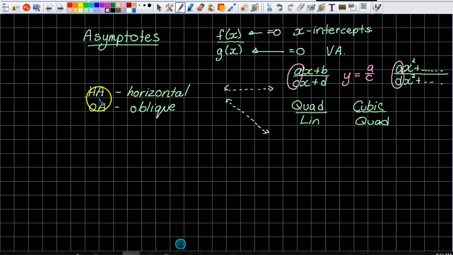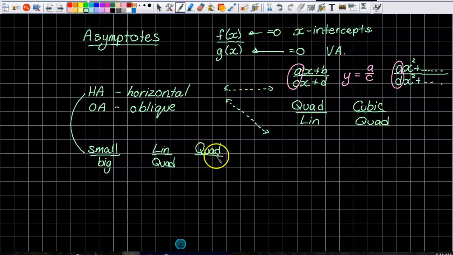And what's the other situation with horizontal asymptotes? If it's small over big, so as an example, if I've got linear on quad, quad on cubic, and I guess linear on cubic, or a constant over linear, all of these, what would be my horizontal asymptote?